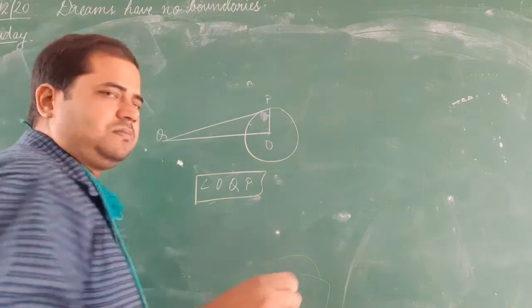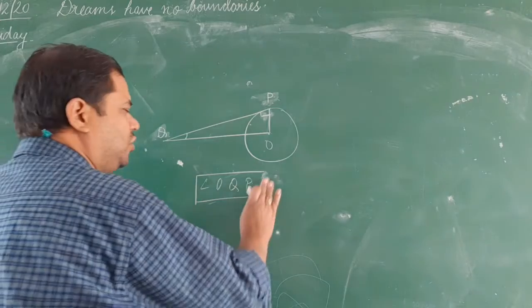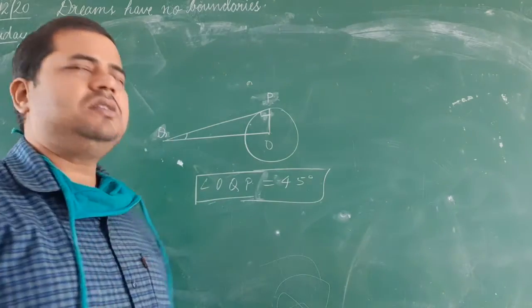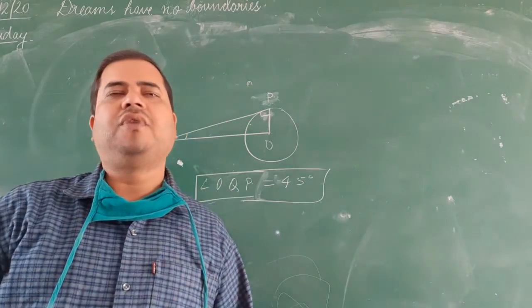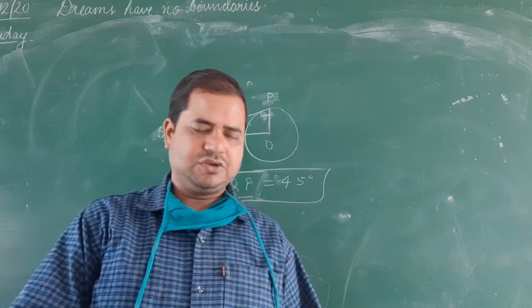At the center one is 90, so angle OQP is 45 degree. Because isosceles triangle, two sides are equal. So if one is 90, then the other two are 45 degree each. Okay? So thank you for today.